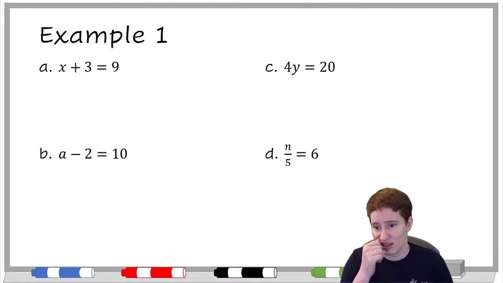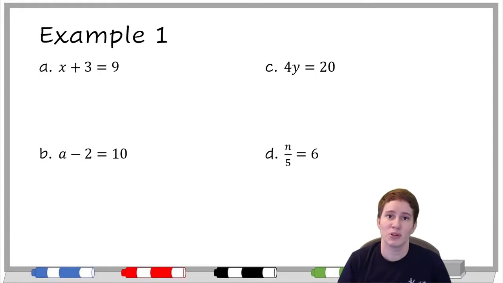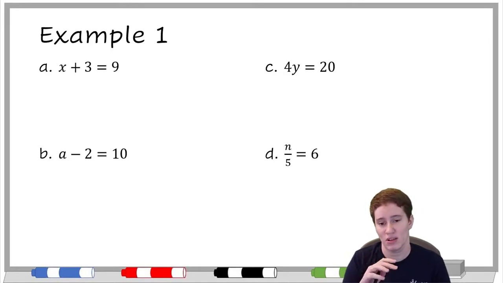So as I look at these, there's more than one way to do this, and I actually want us to use mental math. Just like what we did in the warm-up, I want us to sit and think about the answer. As I look at A, the first equation, it says x plus 3 equals 9.